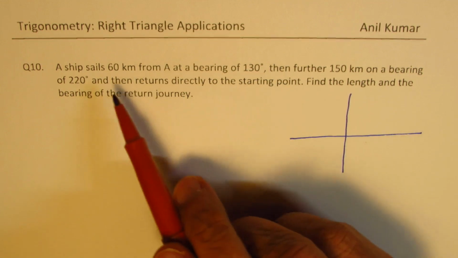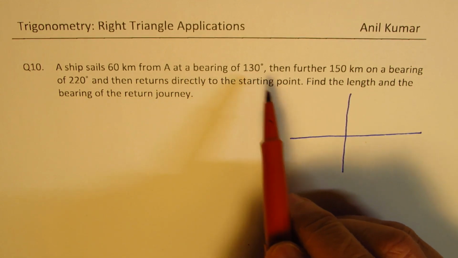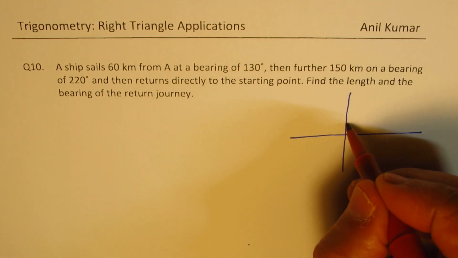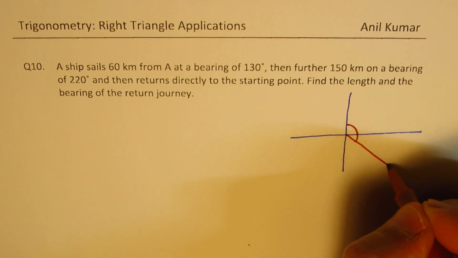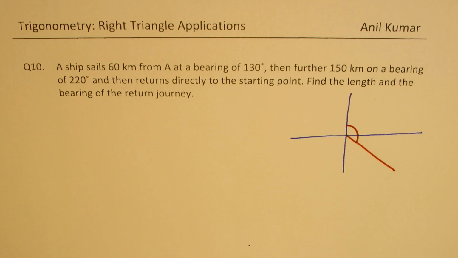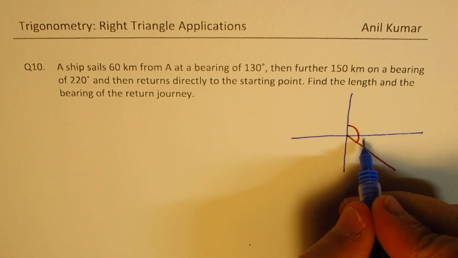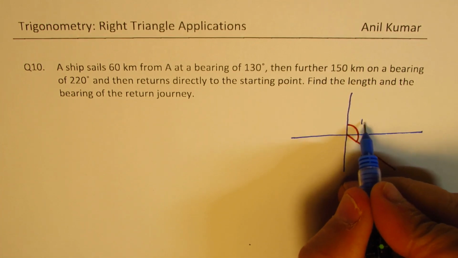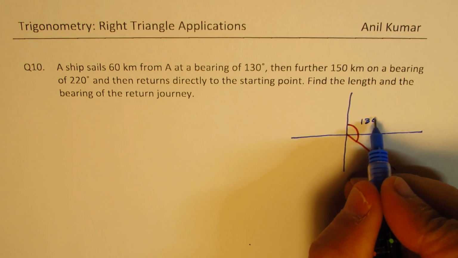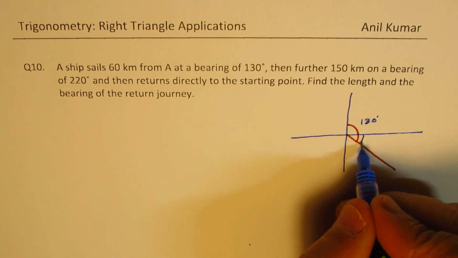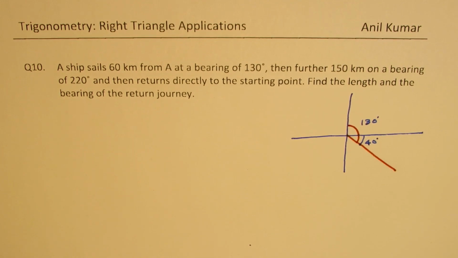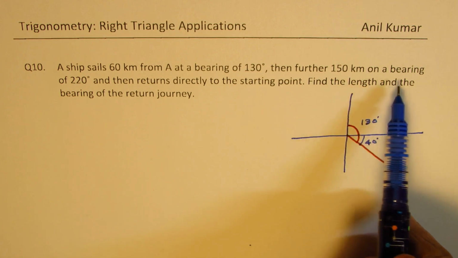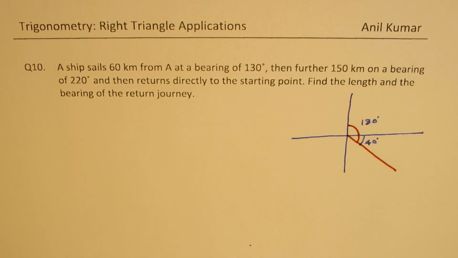When we say 60 kilometers at a bearing of 130, that means the angle from here is 90 plus 40, right? So this angle is 130 degrees. That means 90 plus this angle here, which is 40 degrees, correct? Further, 150 kilometers on a bearing of 220.